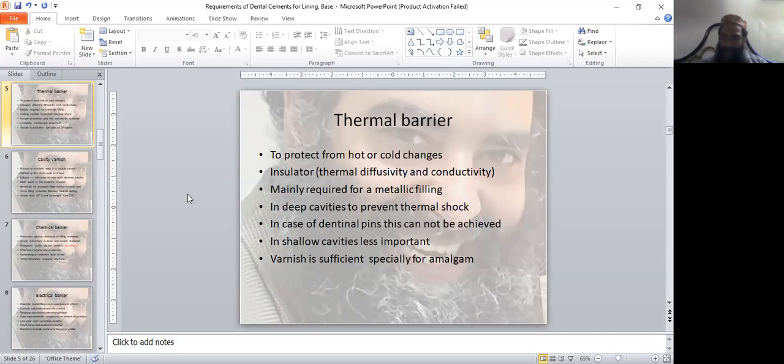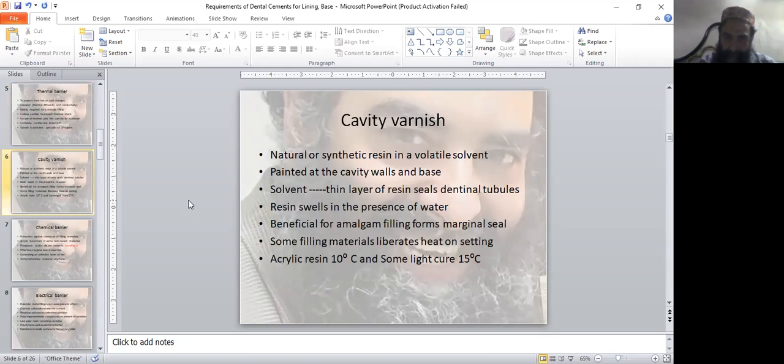So in shallow cavities, there will be no need of any thermal barriers. Varnish is sufficient in shallow cavities, especially for amalgam. It's not for deep cavities which are filled with amalgam.